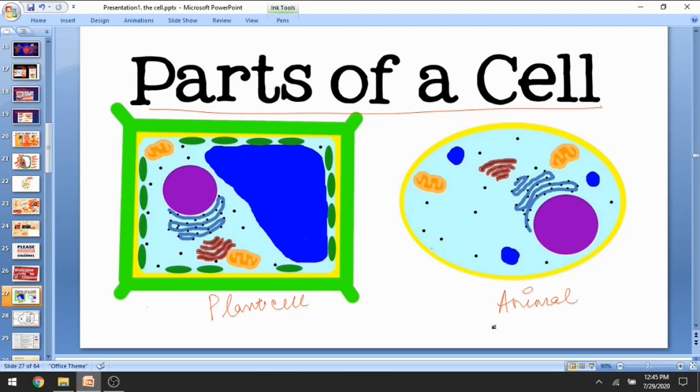The major three parts a cell contains are cell wall, cell membrane, nucleus, cytoplasm. So these are the basic parts of a cell. We can say the cell is made up of these three units.